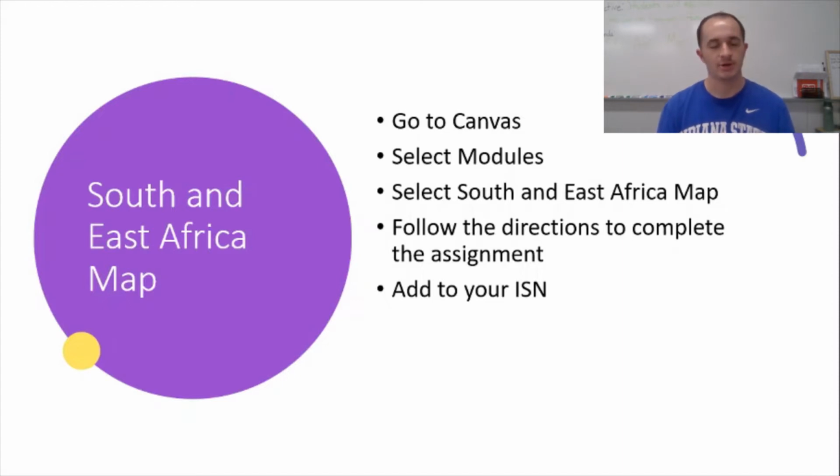If you haven't started your ISN, what you can do is you can go to modules. There is a whole section just on what to put in your ISN. So if you can't remember the correct order, I will have that up there for you. And then I will have what you need to have in each one. So this, like I said, is our first check on the ISN. Don't stress about this too much.